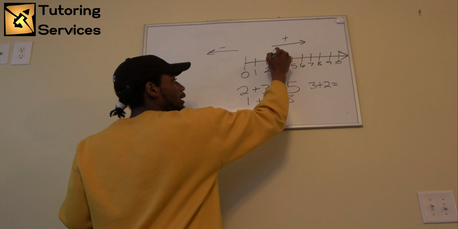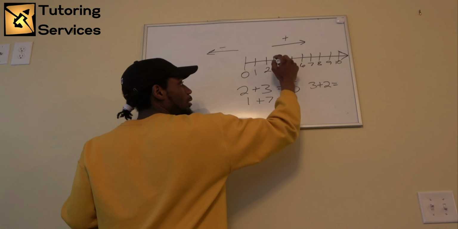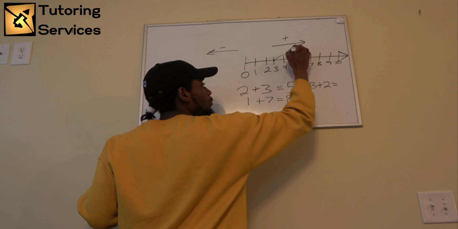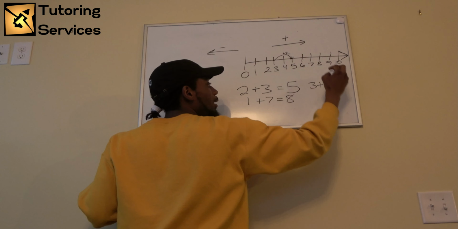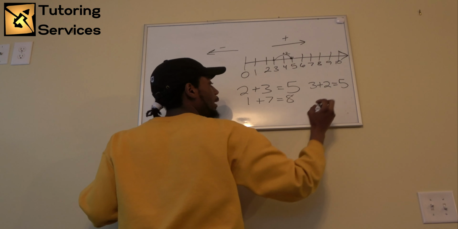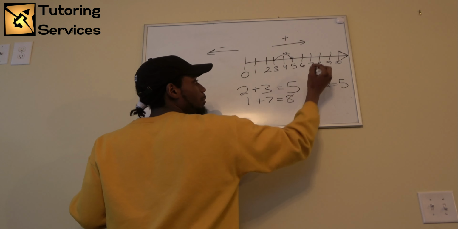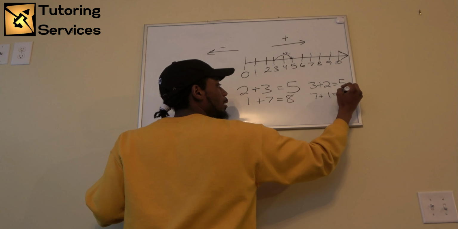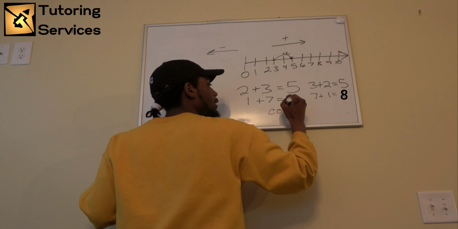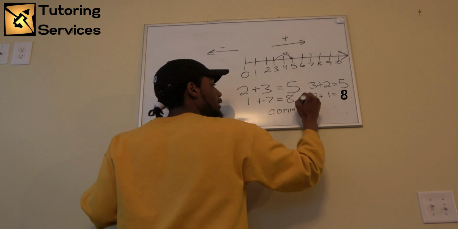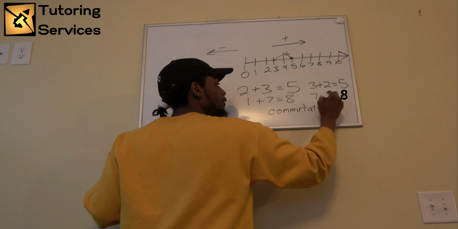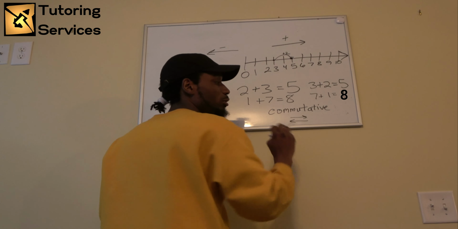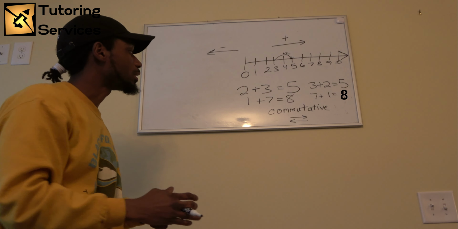We start at 3, and count 2. 1, 2. That also gives us 5. 3 plus 2 equals 5. We start with 7. What's 7 plus 1? 7 plus 1 equals 8. This makes addition commutative. You come the same way, you go the same way, you're going to end up in the same place.